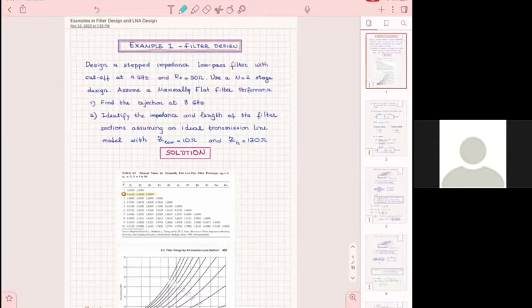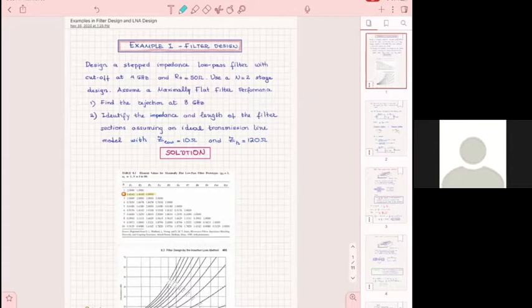Okay, so in this case, I want you to design a stepped impedance low pass filter with a cutoff at 4 gigahertz and an R0 of 50 ohms. R0 is usually the impedance of the source and the impedance of the load, if those two are identical.